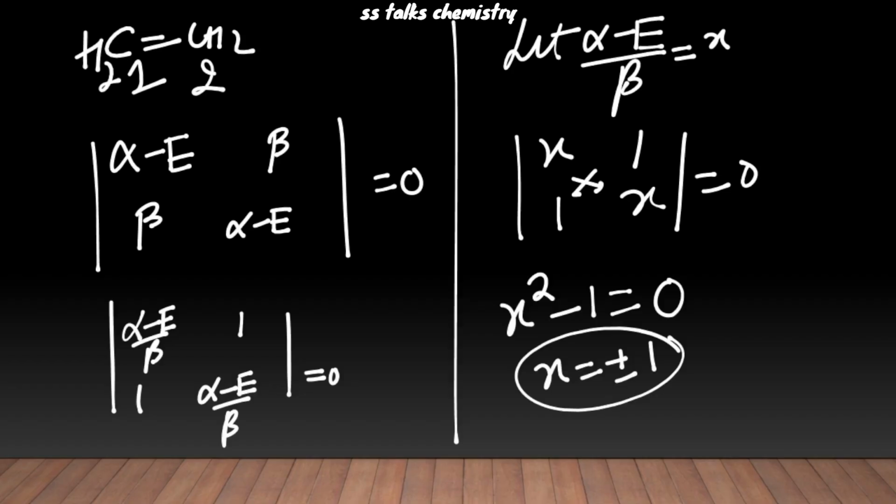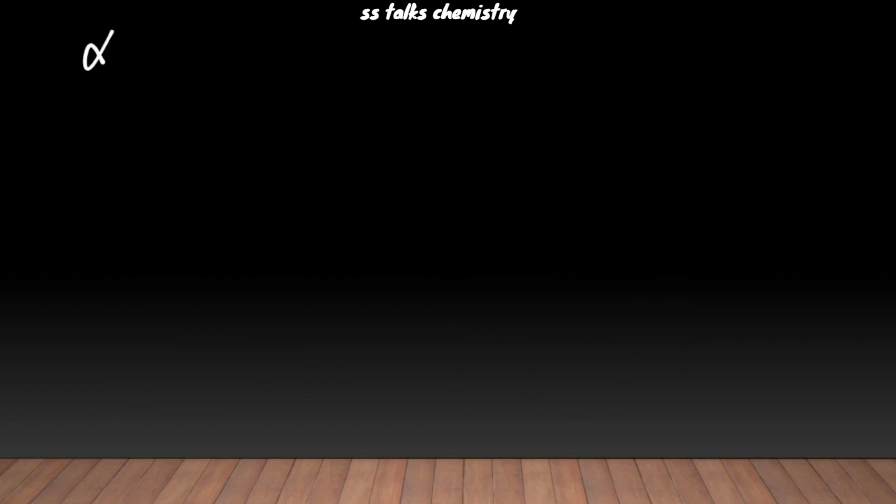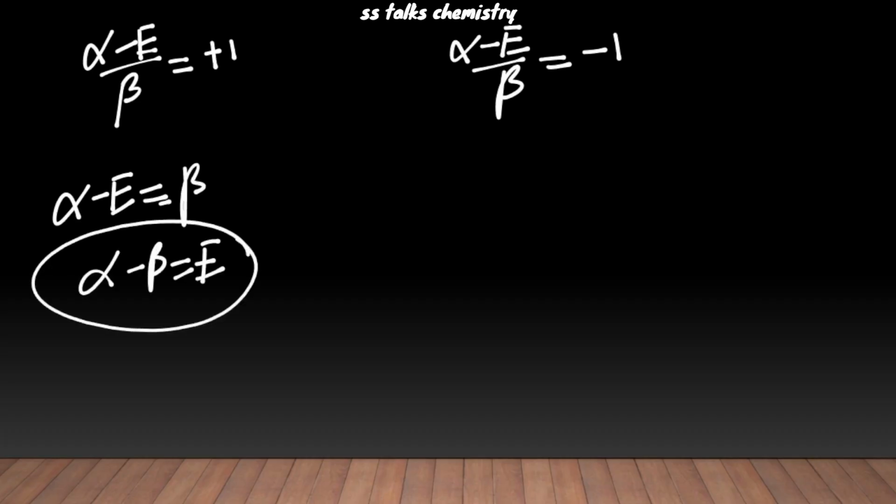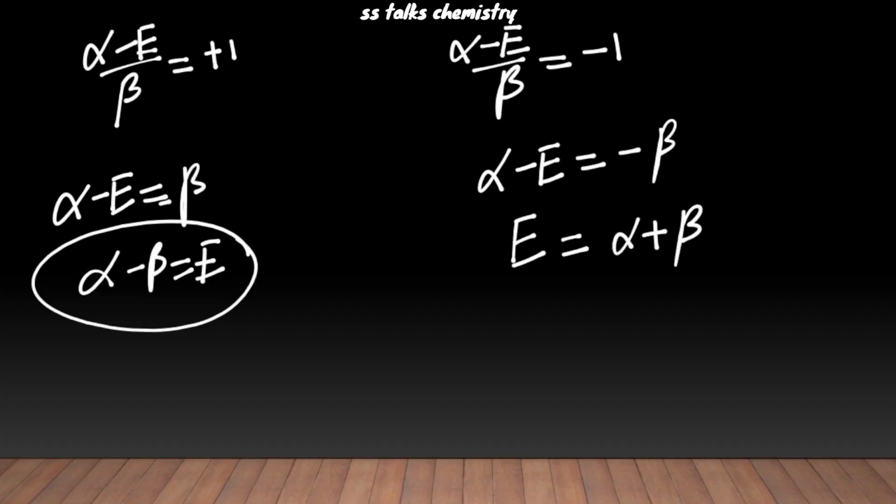So we are saying that the x value is plus or minus 1. Based upon this, for the energy values, (alpha minus E) upon beta is either plus 1 or minus 1. So alpha minus E is equal to beta, or alpha minus beta is the energy. In the other case, alpha minus E is equal to minus beta, or the energy value is alpha plus beta.